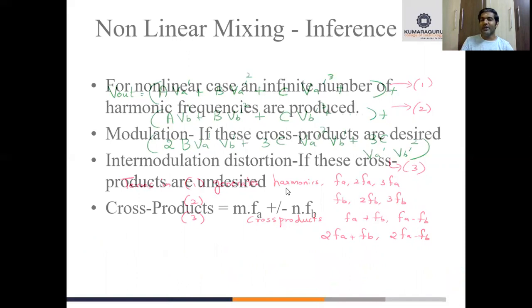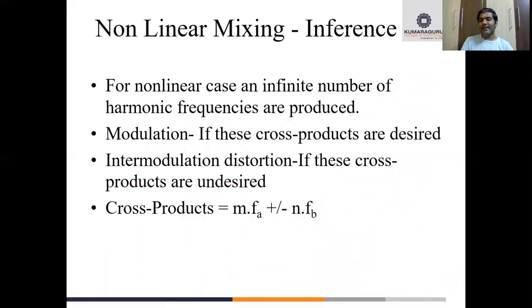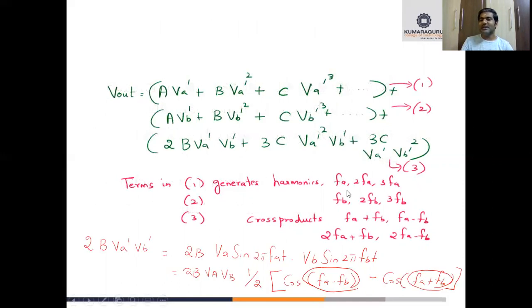Okay. So in case of a nonlinear mixing, an infinite number of frequency components are produced. Yes, if you see the expansion, you can see I have just written only for this term and this term. Okay, this plus ditto you have. If I expand that, I will have additional frequency components also. So in general, I have infinite number of frequency components in a nonlinear mixing with two inputs.